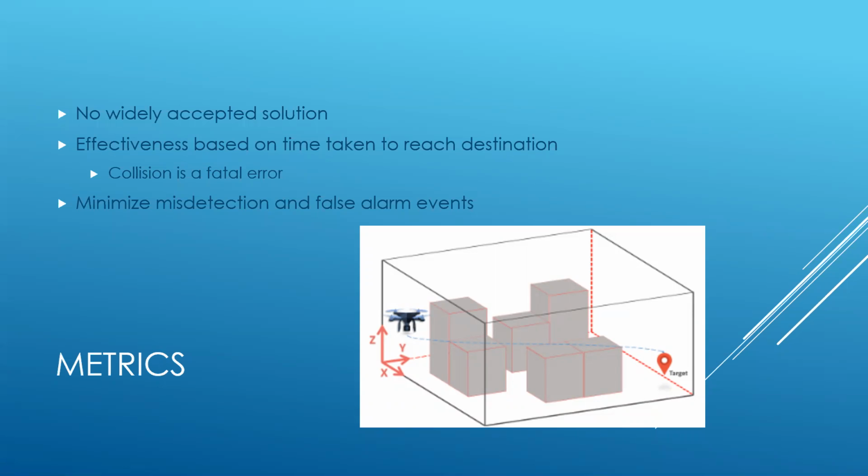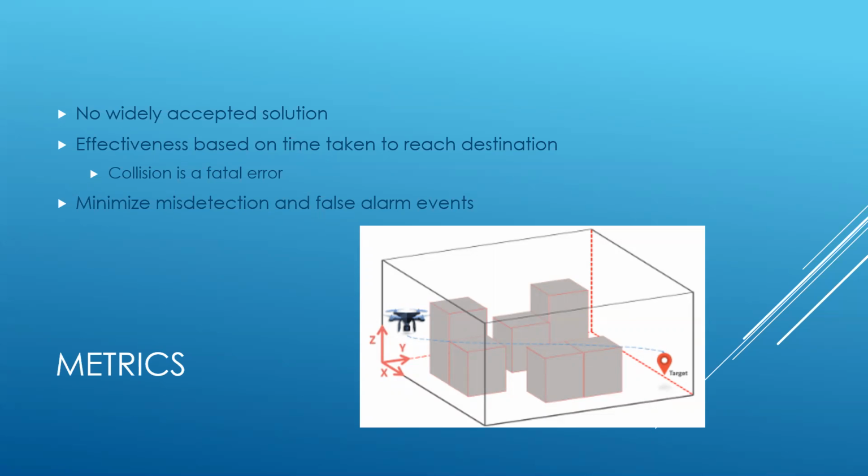For the purposes of this study, the effectiveness of the solution is evaluated based on the time the drone takes to reach a given target, counting any collision as a fatal error. An optimal algorithm will also minimize misdetection and false alarm events. A misdetection event occurs when the UAV observes an obstacle where there is none, or fails to observe the obstacle when it exists.